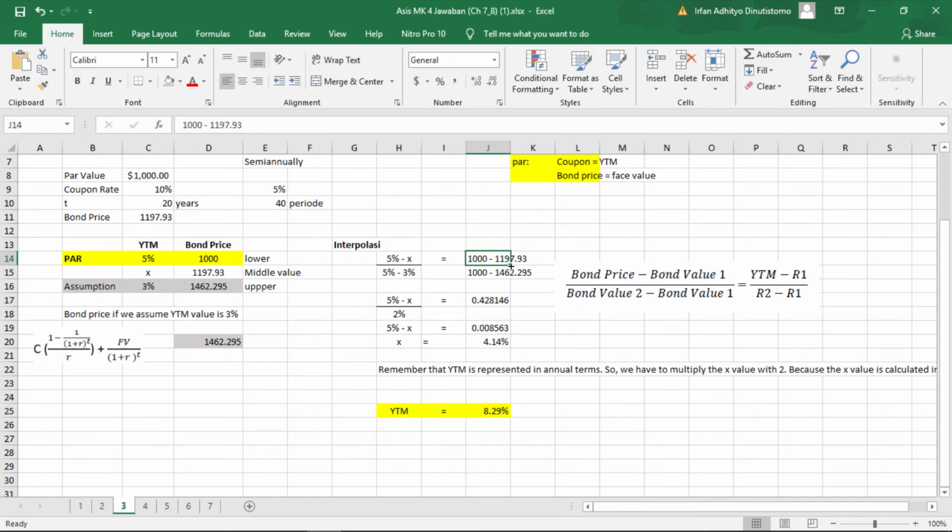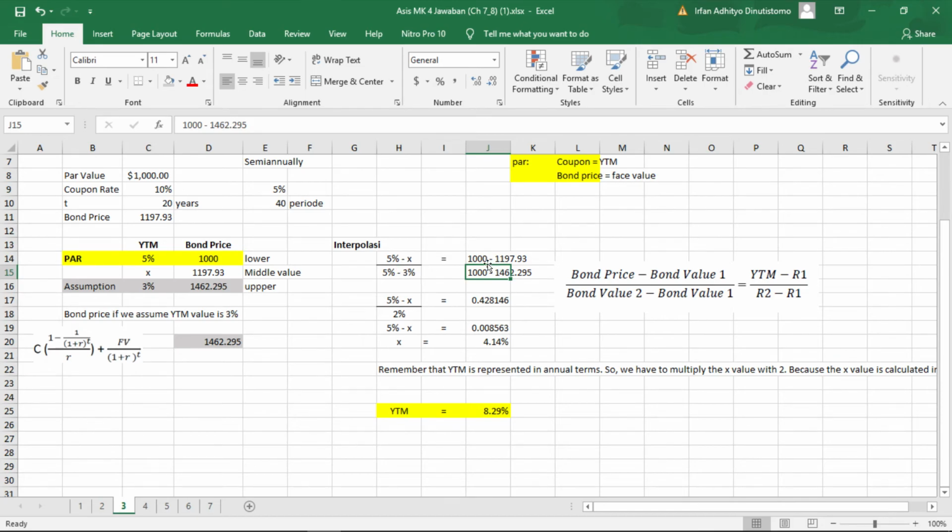So it's actually, you don't have an idea of yield to maturity, but you already have the value is 1,197, and the second one is bond value 2, is 5% minus 3%, and the second one is 1,000 minus 1,400.